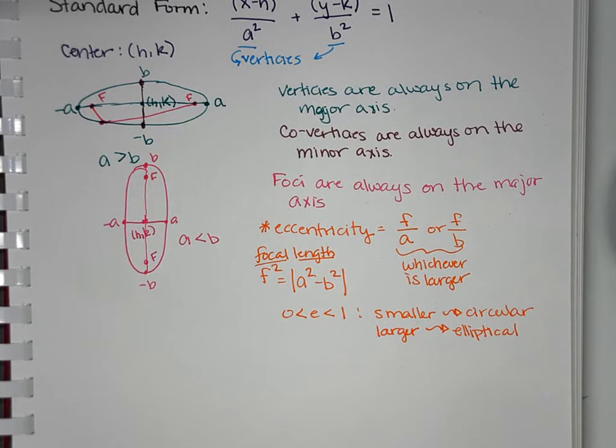So we've gone over all these basics about the different parts of an ellipse, but now we're going to actually practice sketching and finding these different pieces. So I want to go through at least one here and then two in class, so that way we can make sure we're good on how we graph an ellipse.